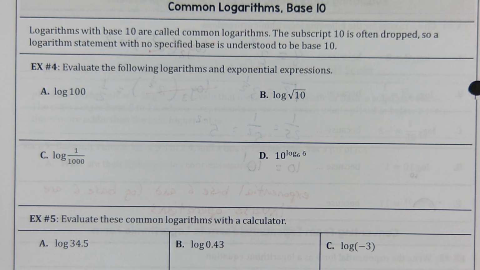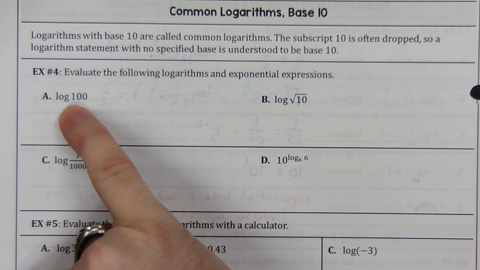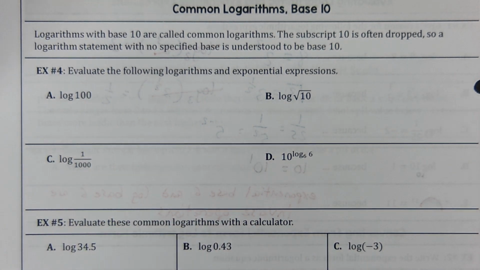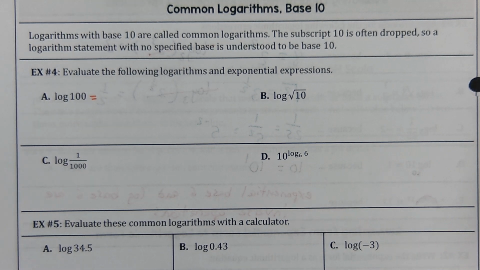And let me remind you what log says. Log says, what power of this base would get me my argument? Here the argument is 100. The base isn't written, which means the base is automatically 10. And remember, a logarithm can only do its job if the base of the logarithm matches the base of the argument. So I have to be able to write 100 as a power of 10.